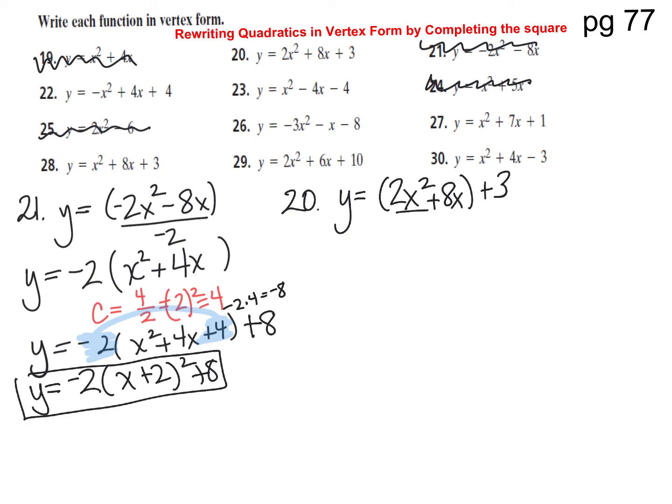Check my quadratic coefficient. A is not 1, so I make it 1. Keep that value of 2, so I'd have x squared plus 4x plus 3.